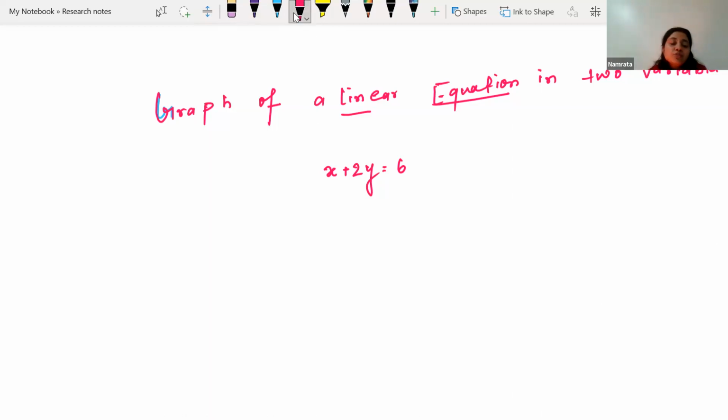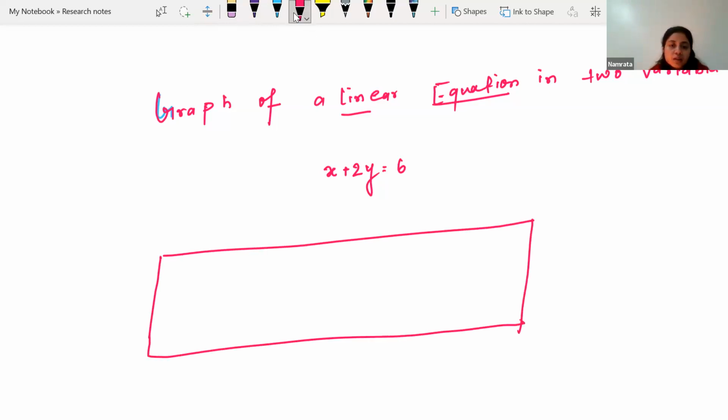Let's plot the graph. So the process of plotting the graph is first make the table. Here x, y. As you know, if you have understood the coordinate geometry chapter, you already know that for plotting the graph, or maybe plotting the coordinates or point A, point B, point C, point D, if we want to locate a point in the coordinate plane, then we must need a few coordinates.